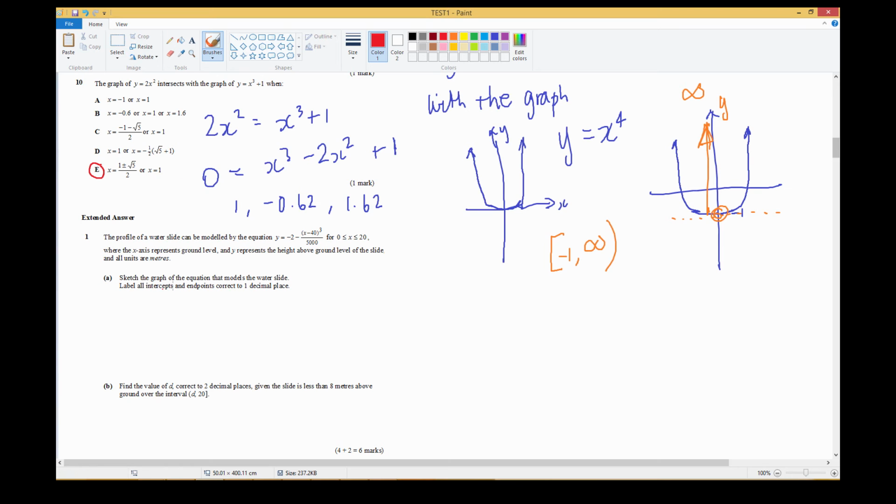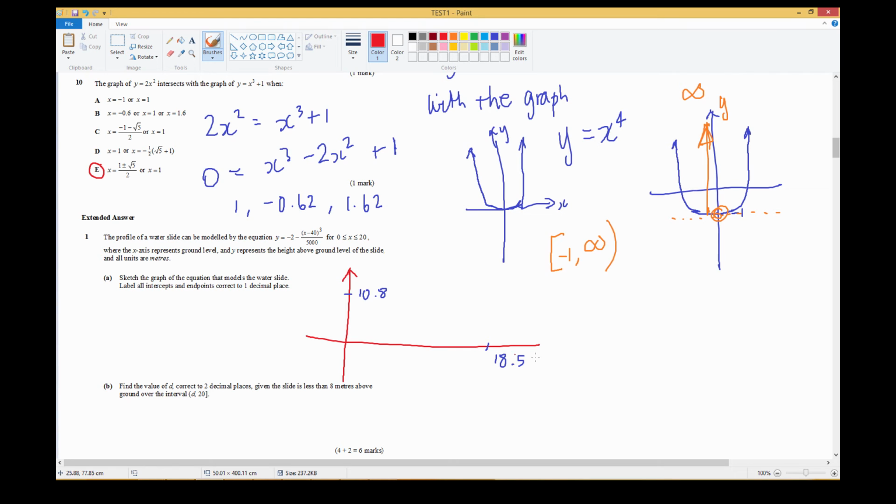So here's the question: sketch the graph of the equation that models the water slide. Label all the intercepts and endpoints correct to one decimal point. Right, again, I'm just going to draw this very quickly. Use red for the axes. Right, so here we said it was 10.8 on the y-axis, and here 18.5 on the x-axis.